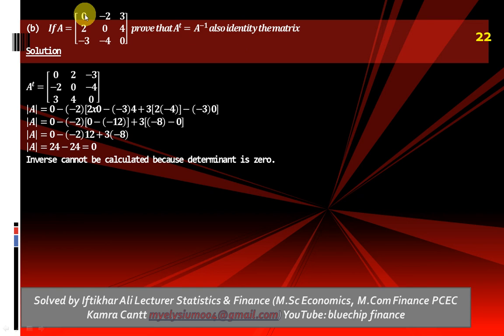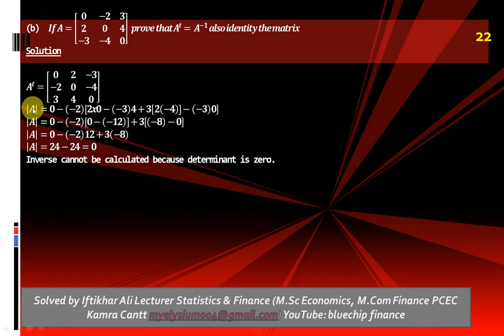When we convert it to column form, 0, minus 2, 3; 2, 0, 4 in the form of a row, converted to a column; minus 3, minus 4, 0 in the form of a row, converted to the column minus 3, minus 4, 0, and take the determinant.